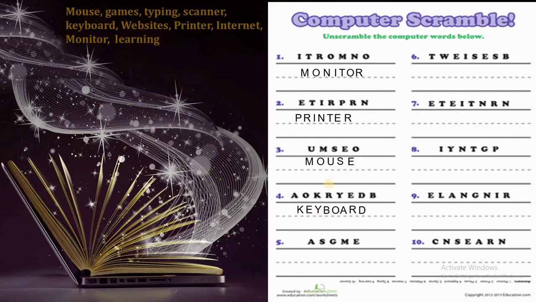Now see, from the B letter, BOARD, board. So key plus board is keyboard, right? So the second word is board. Now you have to think about the board, and whatever comes to your mind, write it in your book.